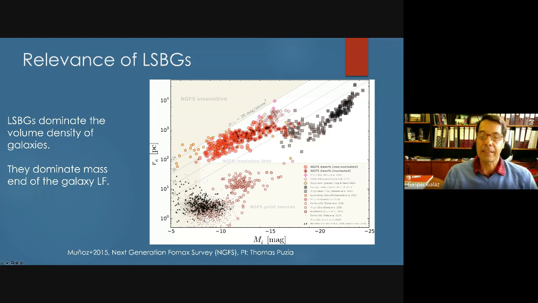So most of the galaxies that dominate this faint end in the surface brightness domain are dwarfs, galaxies very diffuse, ultra diffuse, and also some galaxies that are very large.